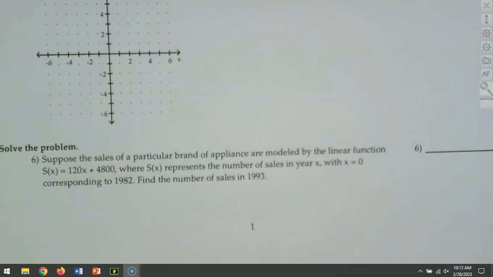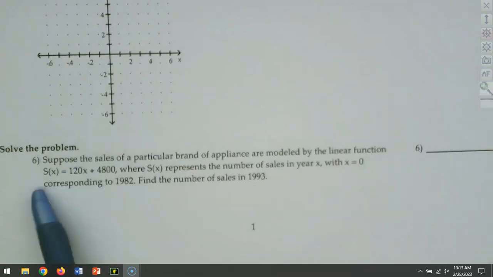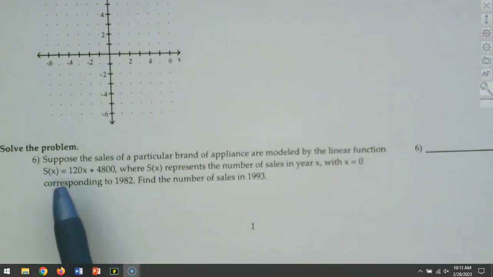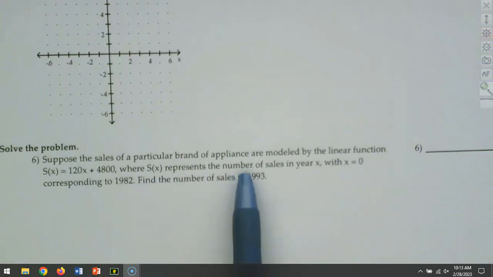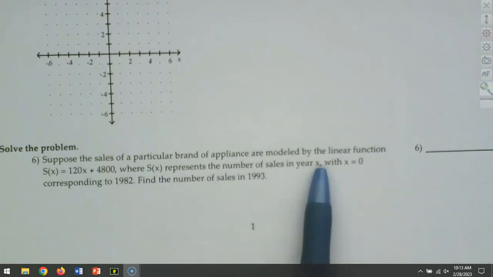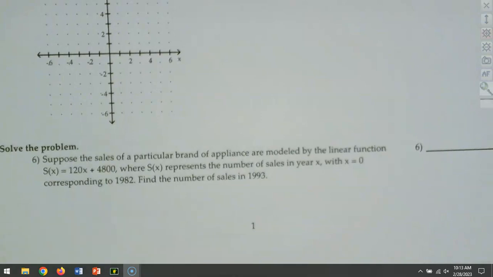Question 6 says, suppose the sales of a particular brand of appliance are modeled after this linear function, S of x, where S of x represents the sales in year x, with x equaling 0 corresponding with 1982.